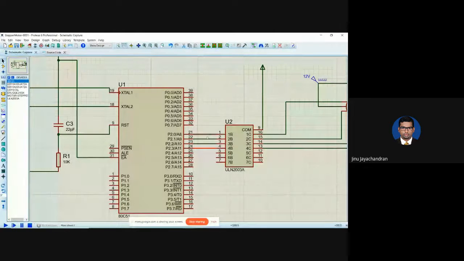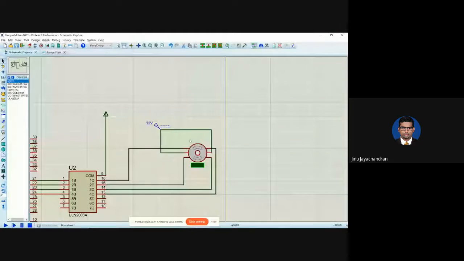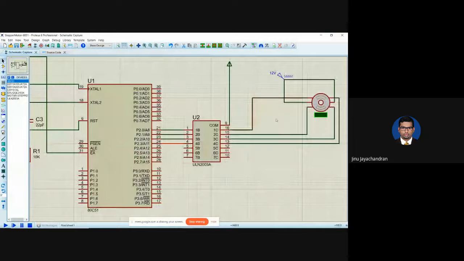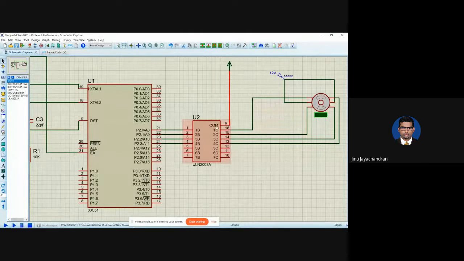But you don't connect directly to the stepper motor. You connect to the IC ULN2003A. As we have told, the B terminals are for the input and the C terminals are for the output. In C, you have a common terminal which will be connected to the 5 volt, and the output of each of these terminals will go to the stepper motor.